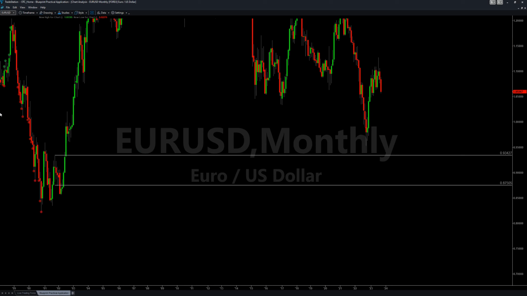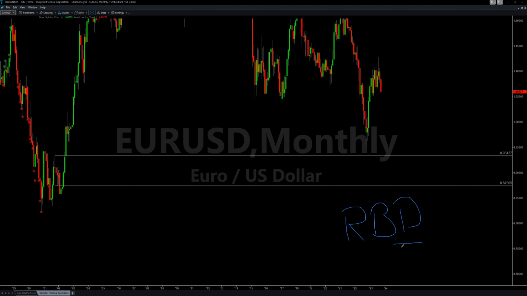Correct? That is the name. Rally base drop. And here, guys, it means a drop. That's the reason why we call the formation a drop. A drop means here we are in the higher time frame, guys. We need the same rules as for the lower time frame.